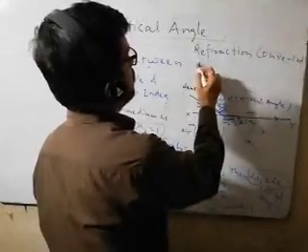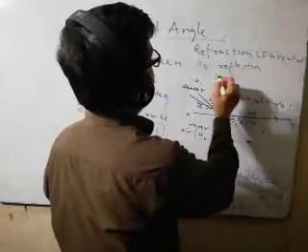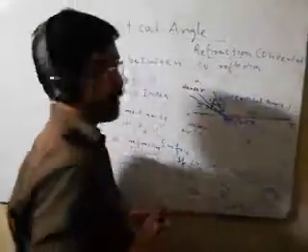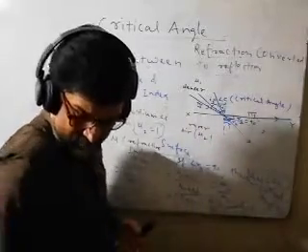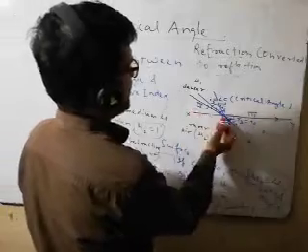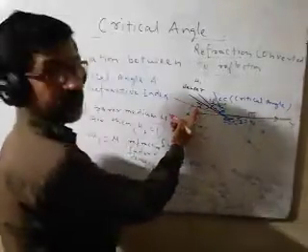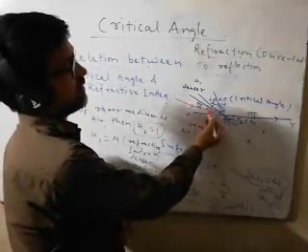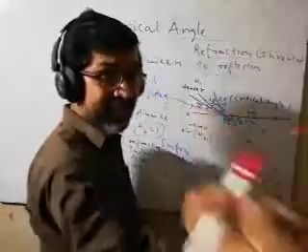Refraction converted to reflection, when the angle of incidence is more than critical angle. Okay, by diagram you can understand. See, this is a red color light ray whose angle of incidence is more than critical angle. This is critical angle, more than critical angle.